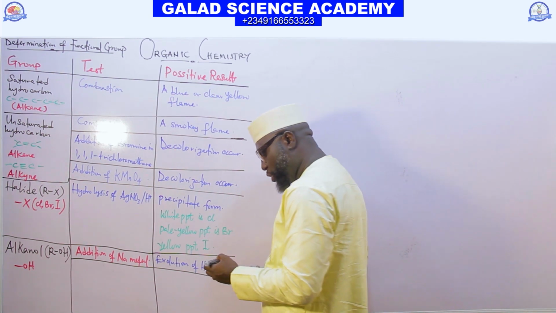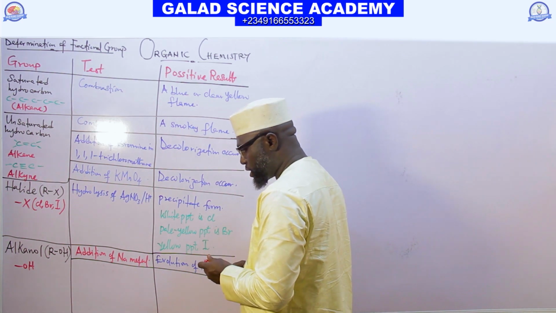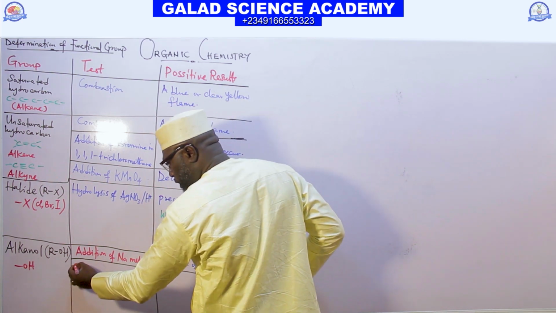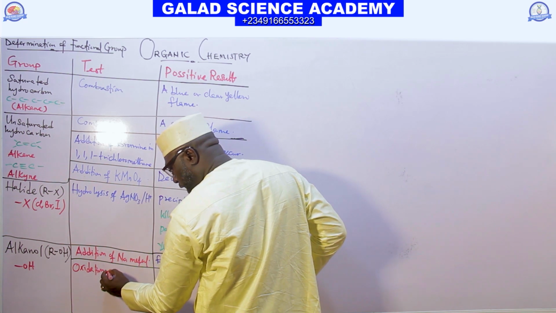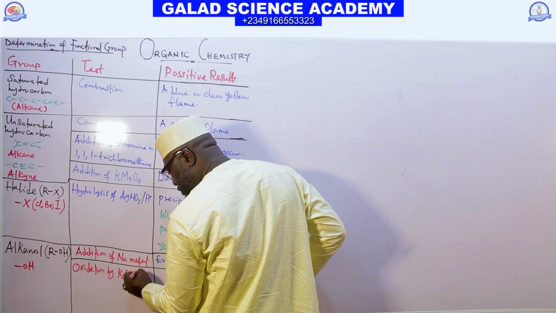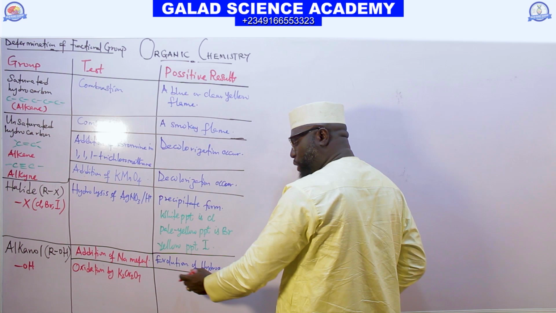Number two, we can use oxidation of alkanol by KMnO4 or by K2Cr2O7, potassium dichromate. So what will happen here?